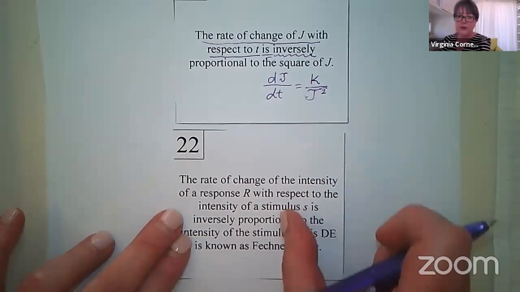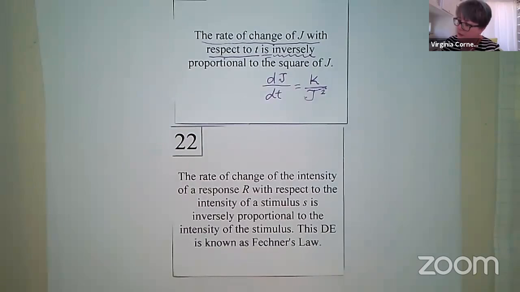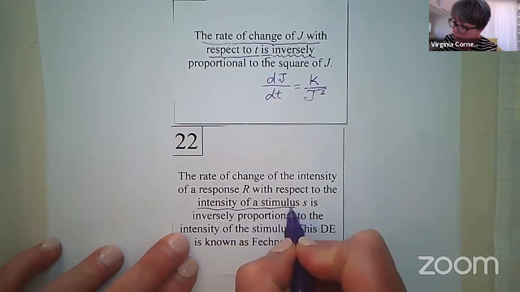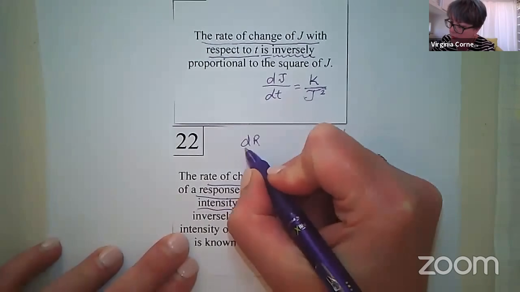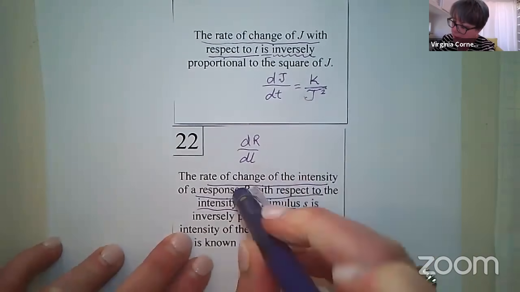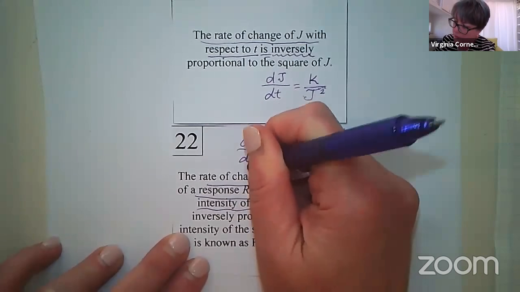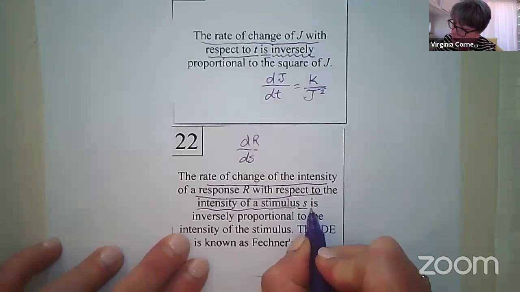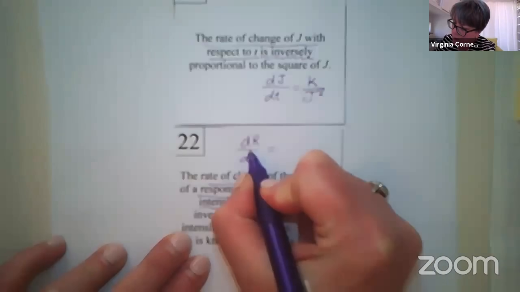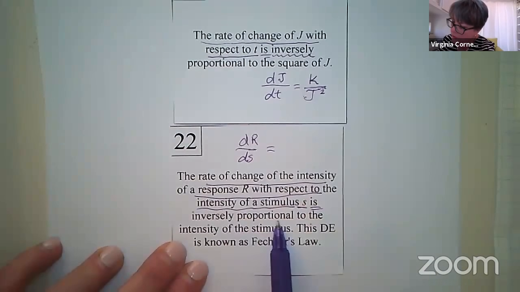And then for 22, it says the rate of change of the intensity of a response R with respect to the intensity of a stimulus S. So there's my differential expression right there. So I'm going to write dR/dS equals, inversely proportional to the intensity of the stimulus.